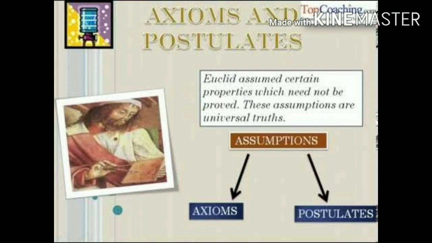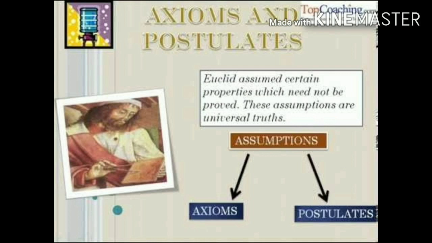These axioms and postulates are considered as the universal truths. Axioms are nothing but the general statements which are accepted without any question and applicable to all branches of sciences.